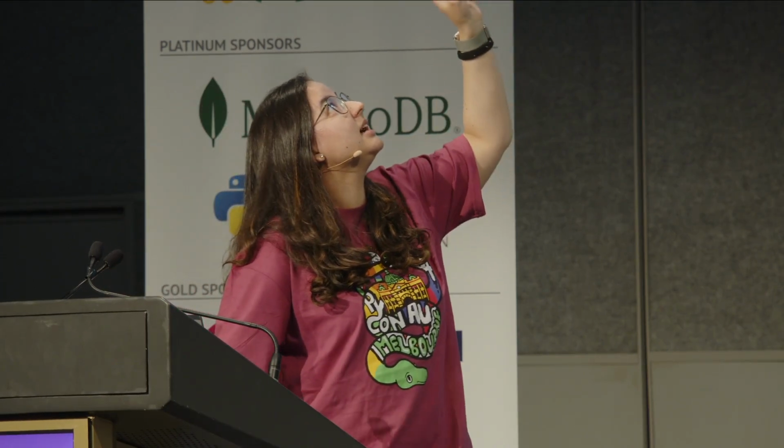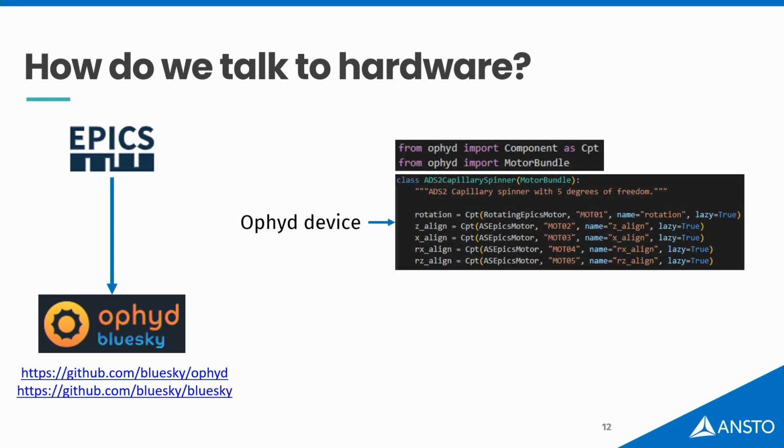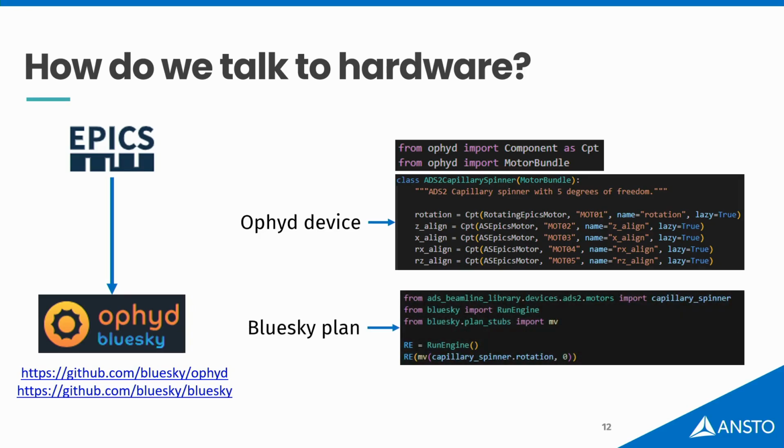Now we need a way to get EPICS to talk to Python. And we do that with 2 cool open source packages called Ophyd and Bluesky. Basically, Ophyd is a library that allows you to put your motor names with their EPICS names in a Python class, and all of the components that they have will be the specific motors for that stage. While Bluesky grabs the instances of those classes, and then it does stuff to it in what they call Bluesky plans.